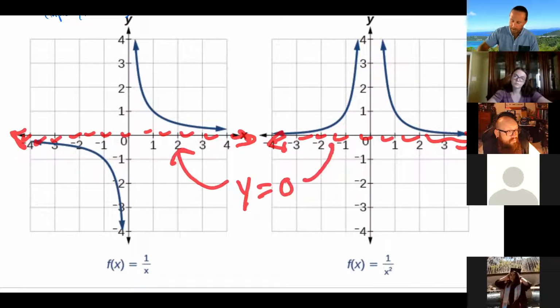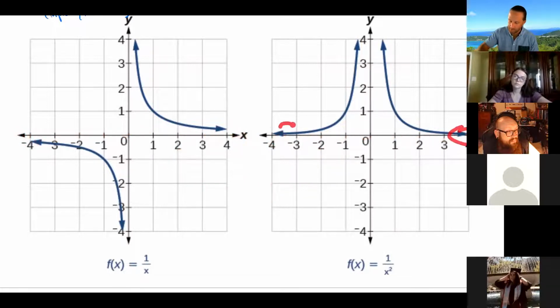So does it matter whether you put x or y? Absolutely. With that, we are now seeing that it looks like these are getting closer and closer to what? 0. Very good.